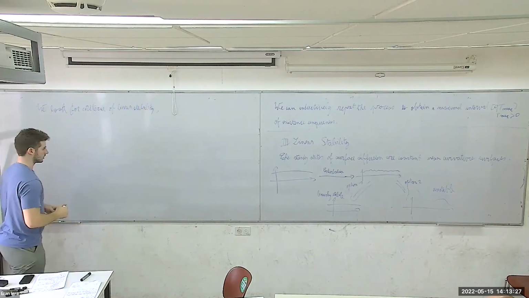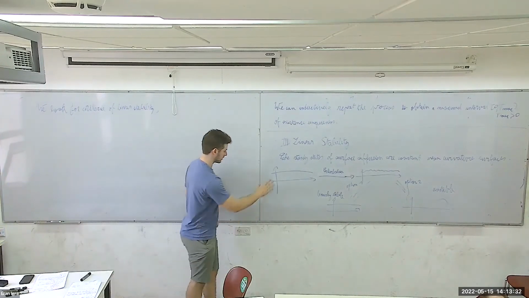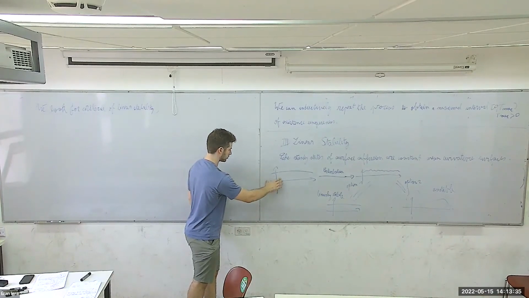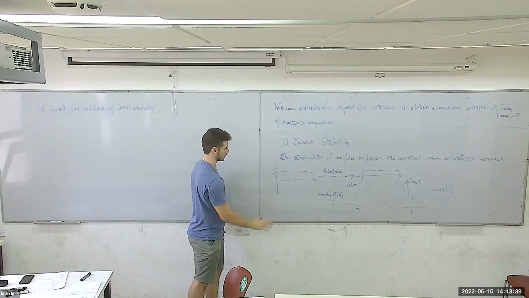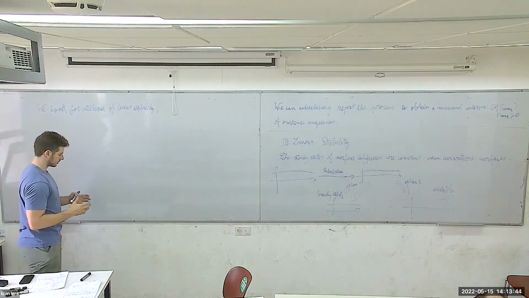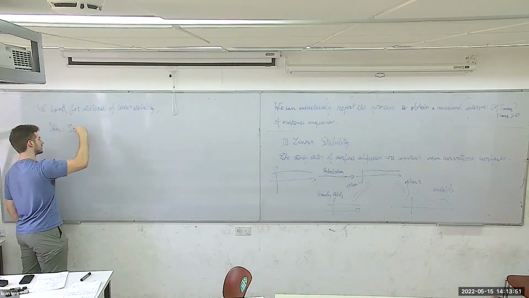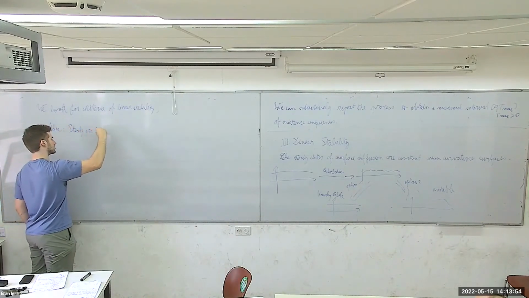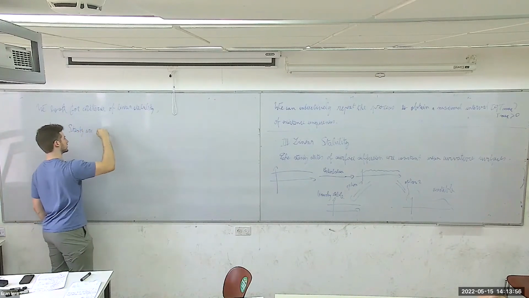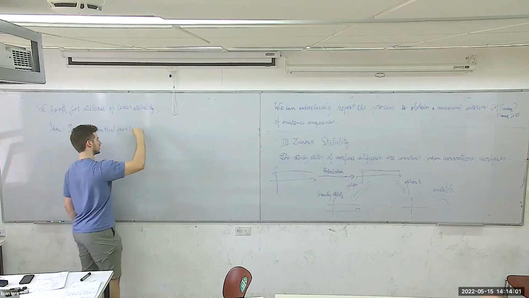So the idea is the steady states are going to be either local minimums or saddle points of the energy functional. So the idea is, steady states are local minimums, or critical points, of the energy functional.